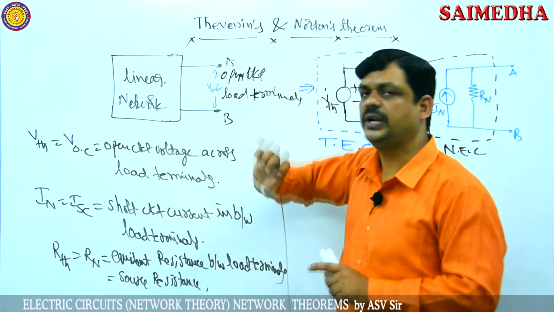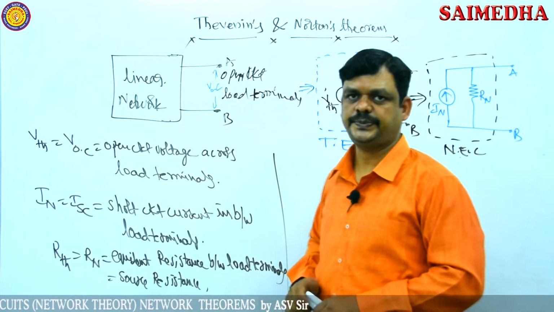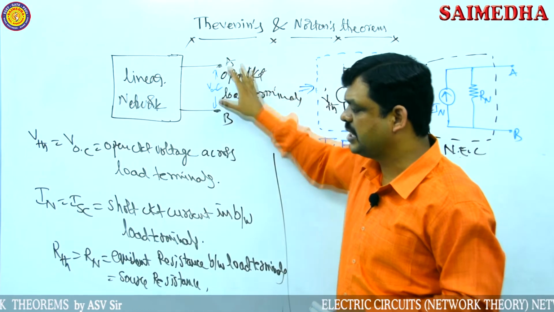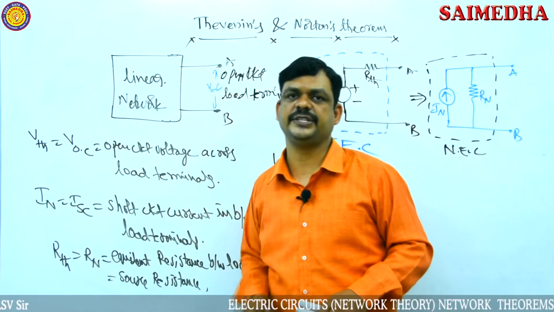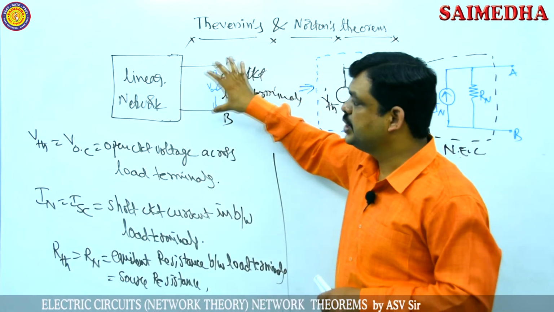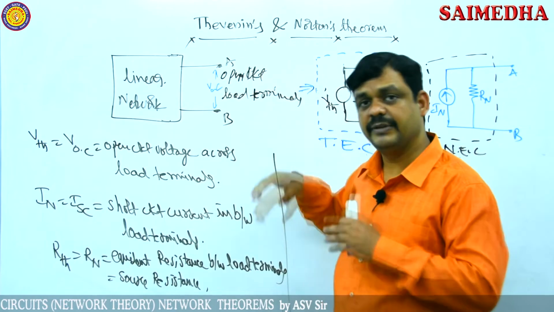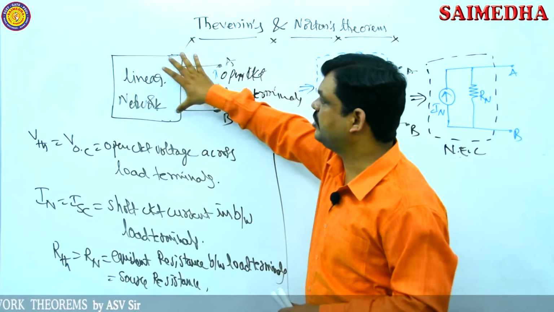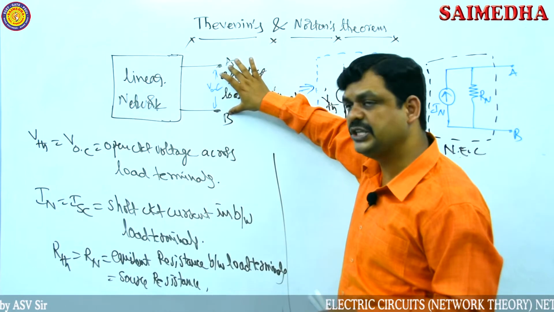Here we have to find the equivalent resistance in between A and B terminals, which is also called RTh, Thevenin's resistance or Norton's resistance. Another name is source resistance, and one more name is internal resistance of the circuit. This complete circuit has some resistance in between these two terminals.